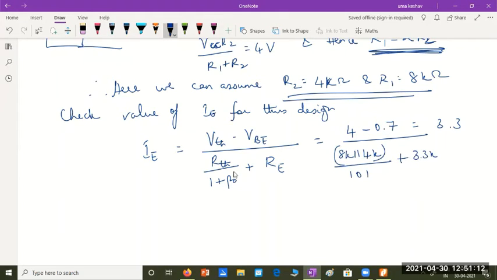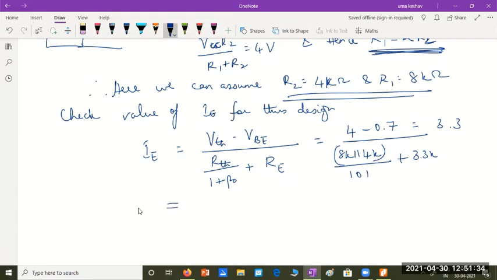So in effect, what is happening? This second term, RTH by 1 plus beta, has been reduced now. Then we had 80K in parallel with 40K, which would give a larger value. Now we are reducing this value because of choosing a larger current. Or effectively, this IE becomes more independent of beta.